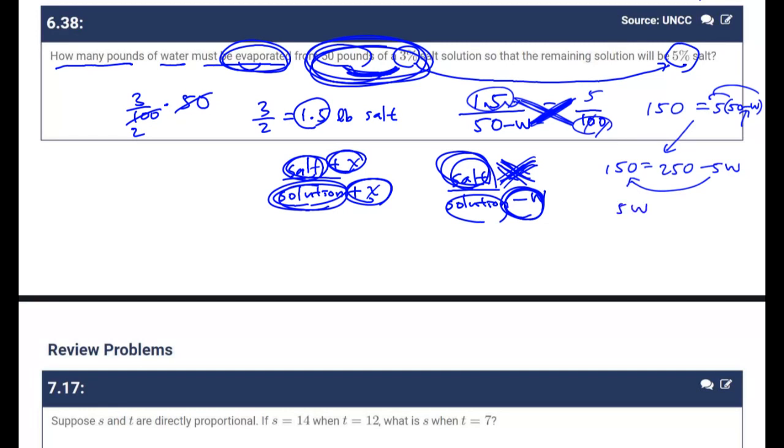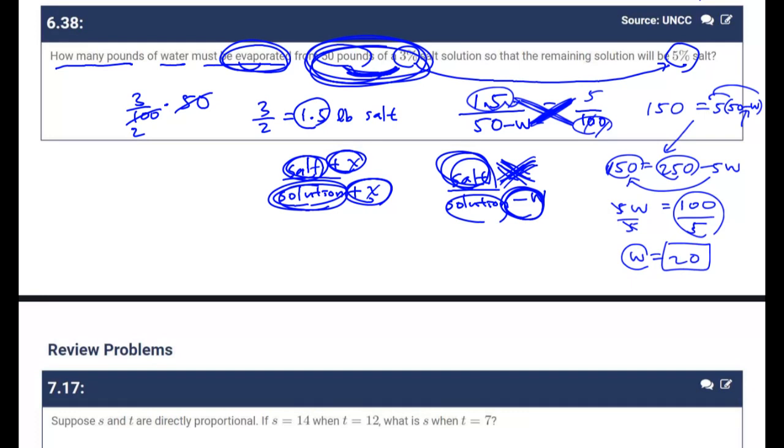And if I combine these two, which is 250 minus 150, it will be 100. So if I divide by 5 and 5, w alone equals 20, and that's the amount of water to be evaporated from the denominator, which is the total solution.